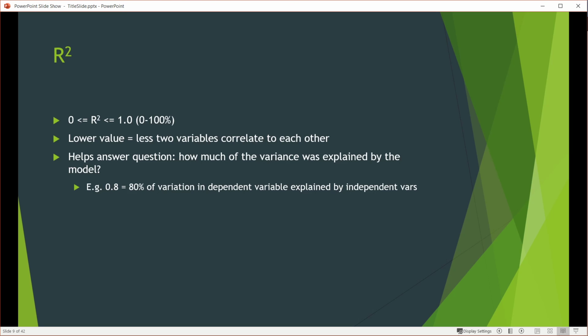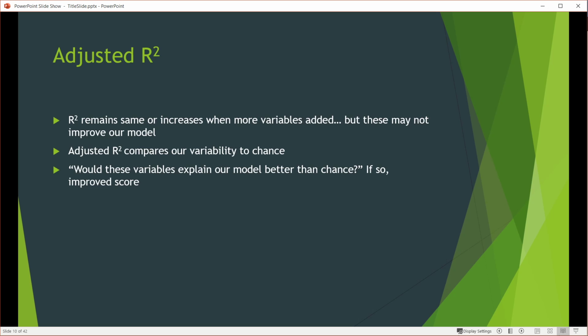However, that's not the end of the story. There's another value called adjusted R-squared. Because what we can do is we can always improve R-squared by adding more variables. However, they might not improve our model. We might start overfitting our model. Our adjusted R-squared compares the variability we get to chance.